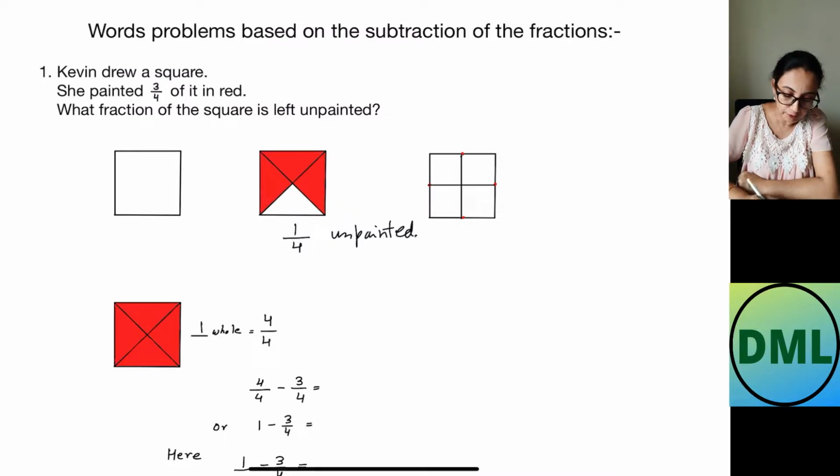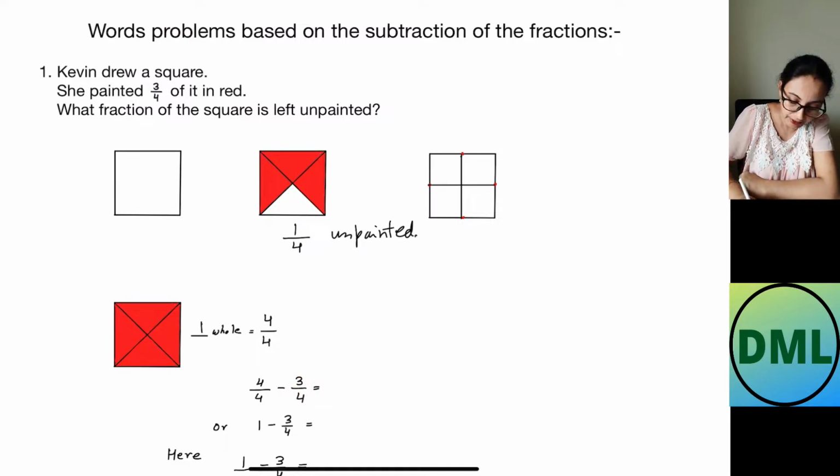Out of the full whole, 4 by 4, how many parts are unpainted? I have to subtract the painted parts. The painted parts are 3/4. From 4 by 4, which is one whole, I have to subtract 3 by 4, which is painted, to get the unpainted part.